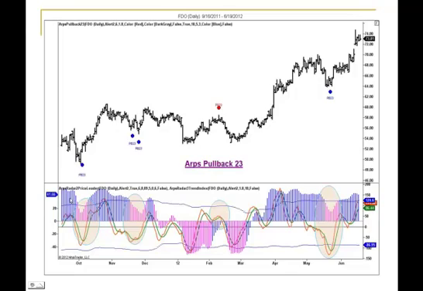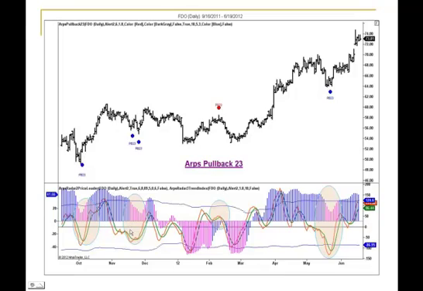So for instance, when we see this weakness in the bullish trend identified by these upward pointing pink bars in the Radar 3, and we see the Radar 2 fast line cross over, wait for it, over the slow line right there, that's our pullback 23 entry opportunity, and we got that right there on this bar.